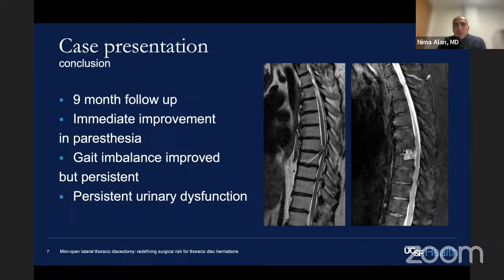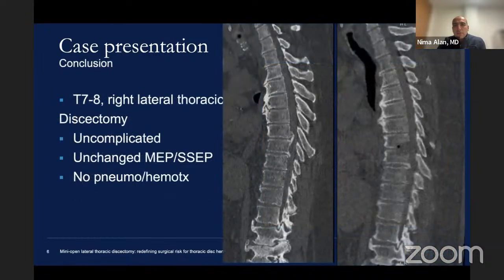These are the images I'll show you again to emphasize the partial corpectomy: the bottom half, 1/3, and the top 1/3 half of the adjacent segments to create a cavity and push the disc into the cavity that you create.